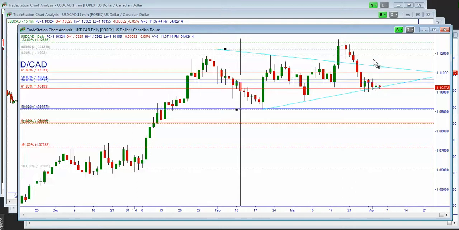This market is really moving between these two levels here and in this area. So this market still didn't resolve this move. This eventually will be resolved. It's just a matter of time.